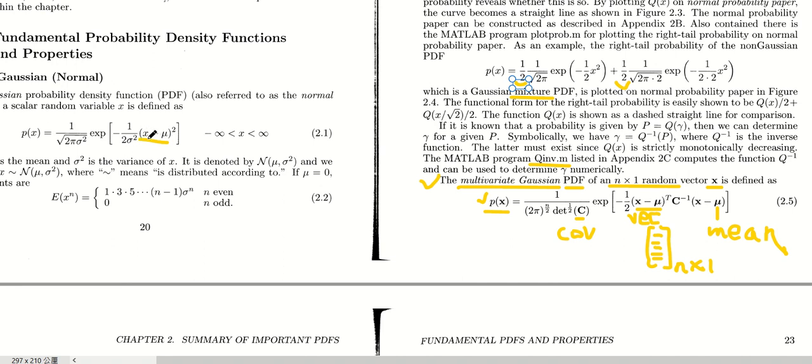Okay, so this thing turns into a vector version, and then you see here is a square. What does it represent in the vector version? You have x minus mu transpose multiplied by its original form.